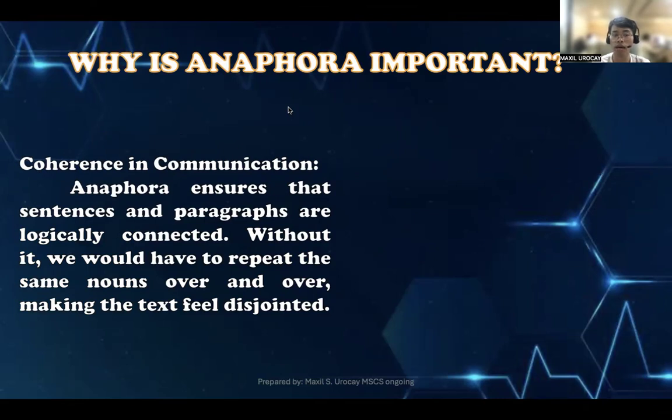Without that, we would have to repeat the same nouns over and over, making the text feel disjointed. Reusing the name John would be repetition. We are trying to ensure that our sentences or paragraphs are logically connected and maintain the flow of our ideas.